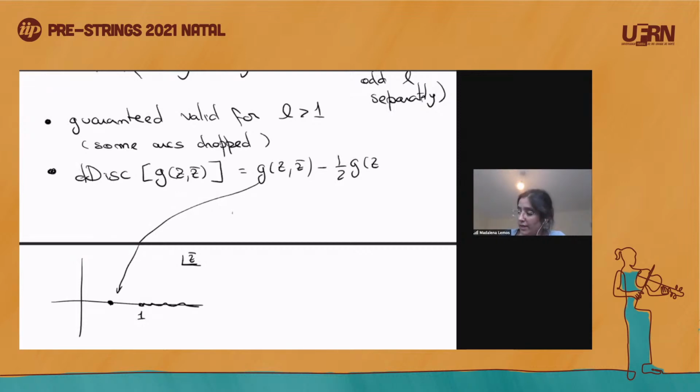So I can take G and continue to the second sheet and evaluate there. This is basically take Z bar, go around the cut, and then come back and evaluate it on the same point. Or I can continue in a different way by going the other way around.